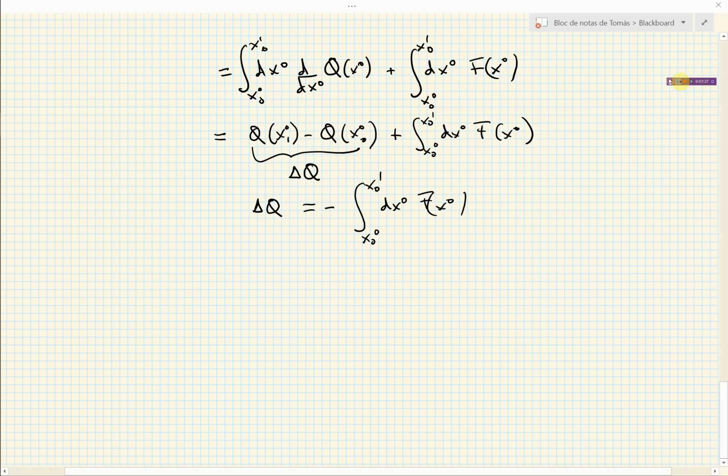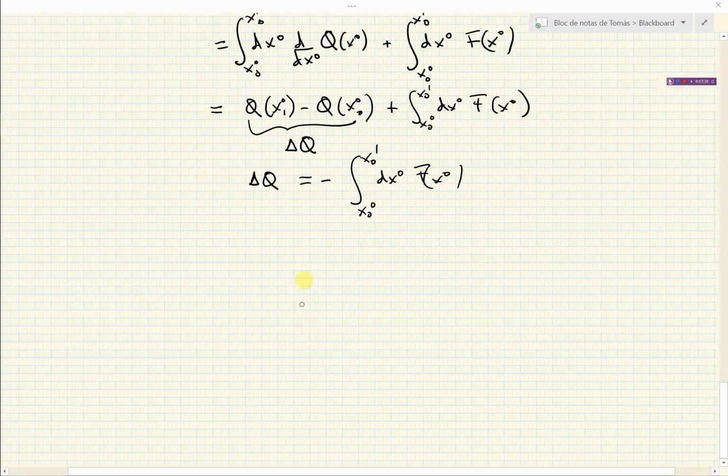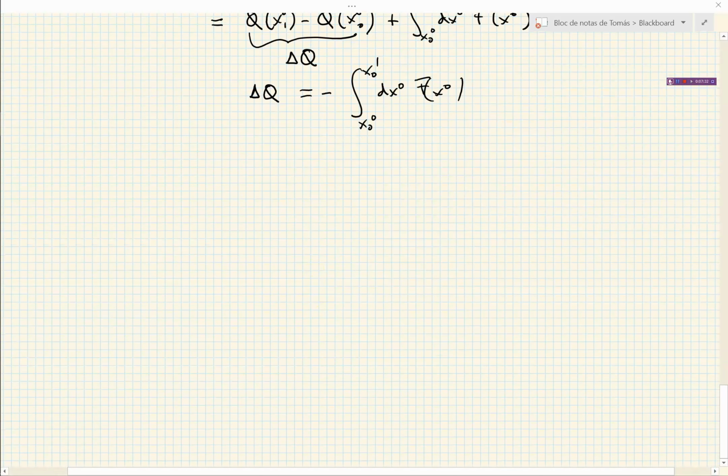So although this is just a basic example, you can consider this as a first explanation of the simplest version of the first Noether theorem in field theory.